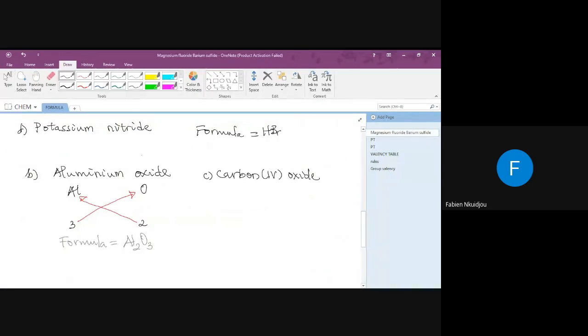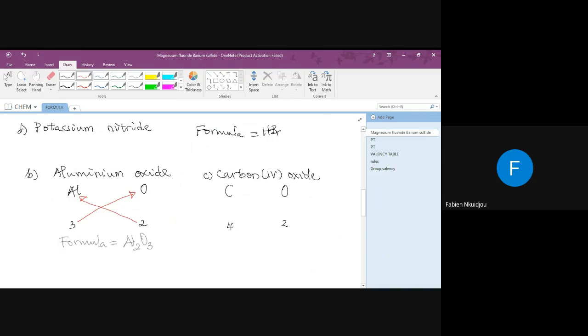So let's do it just like we did for the other cases. Carbon and we have oxygen. So the valency for carbon we have to use here is 4 as indicated in parentheses, and oxygen we know is in group 6, so the valency is 8 minus 6. That gives us 2. Now, is it possible for us to simplify? Of course it is possible. So we're going to simplify.